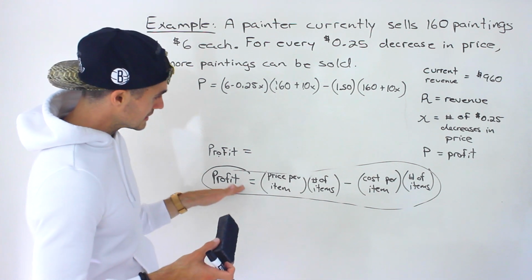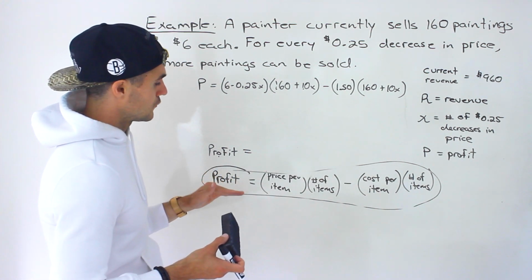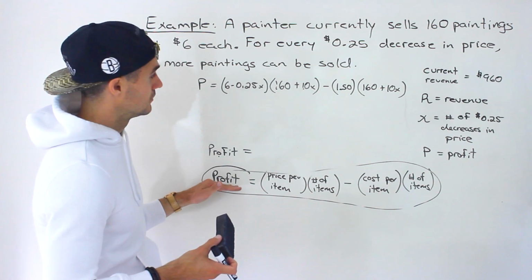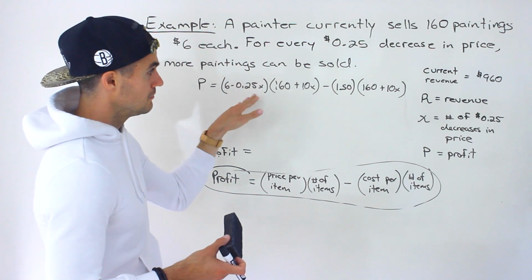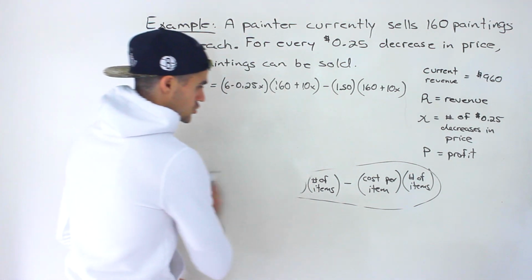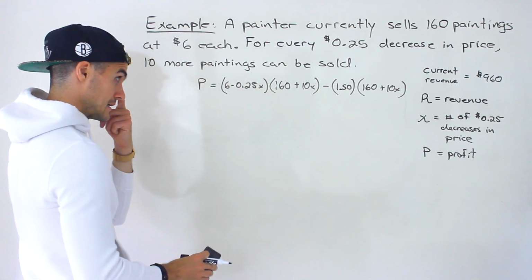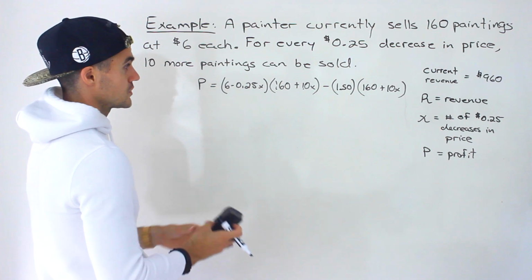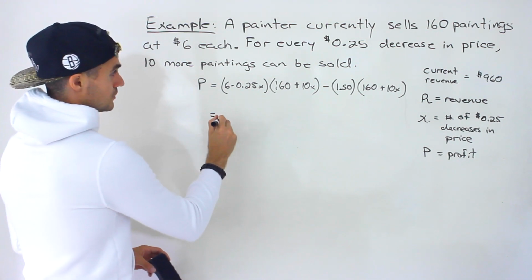But it's more so making sense of this formula or equation for the profit, incorporating it into the problem, making sure everything makes sense, and then from here it's just straight algebra.